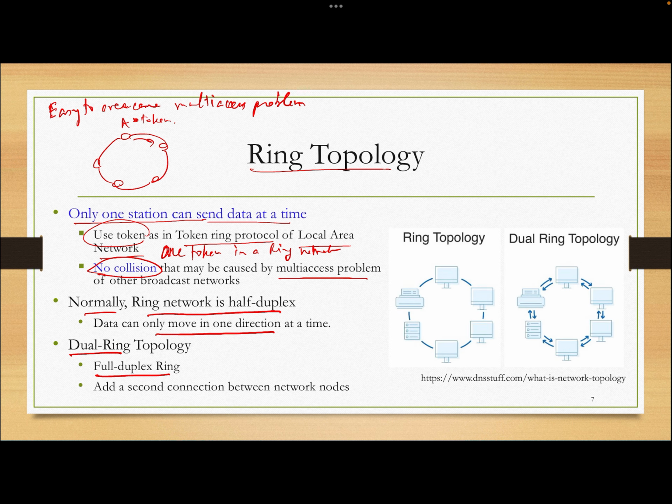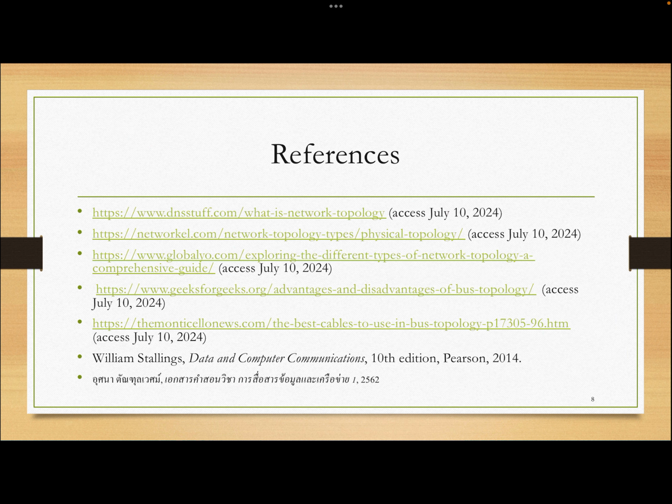So this is the unidirectional ring, but this is bidirectional, because you can send and then send back, two ways. So it becomes a bidirectional ring. Cool. So that's it for the bus and the ring topology.